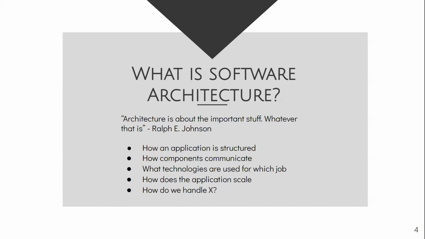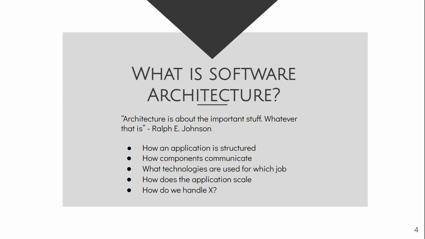And I really like the quote from Ralph E. Johnson, who wrote a very good and old book about software architecture. It's pretty old by now. He said, architecture is about the important stuff, whatever that is. And that's so true, because if you think about an application, the architecture has touch points with every part. So it's about how an application is structured.